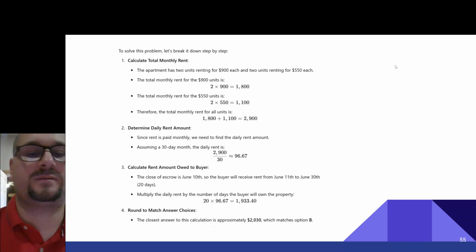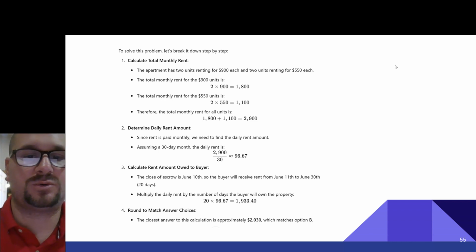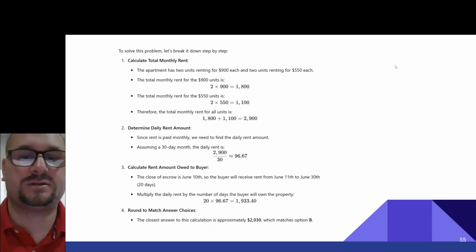Take $2,900 divided by 30 days, you get $96. Then you calculate the rent amount owed to the buyer. Take 20 times 96, you get $1,900. Round to match answer choices. The closest answer to this calculation is approximately $2,000.